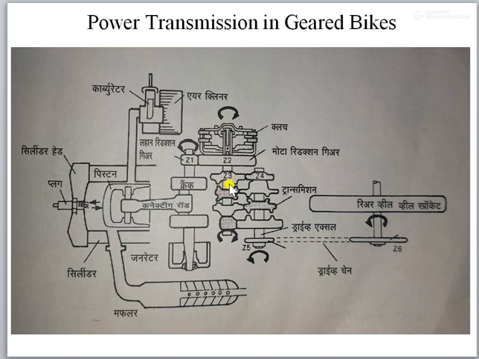Okay, and this power from this shaft through gear is transmitted to another shaft, which is called the drive axle. The drive axle then goes through Z5 gear, okay, to the Z6 gear, through a drive chain, a driving belt or a shaft.